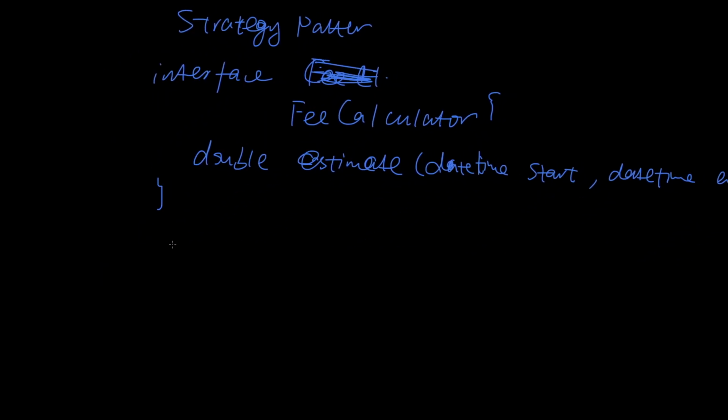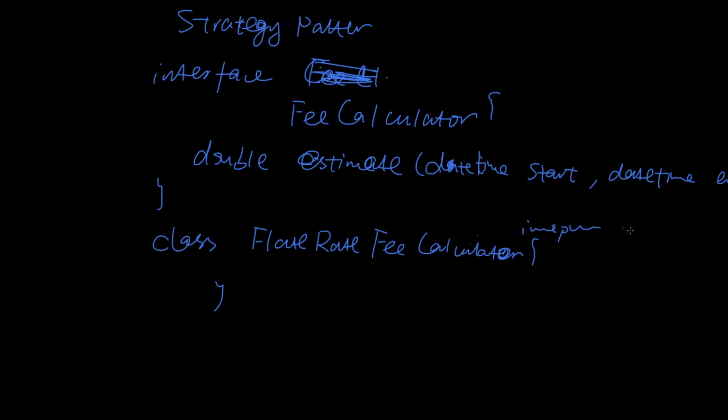And inside this one, we might have different detailed implementation classes, like normally you will see something called the flat rate. For the flat rate, we just implement this one. It's just how many hours, most likely, how many hours times the rate.